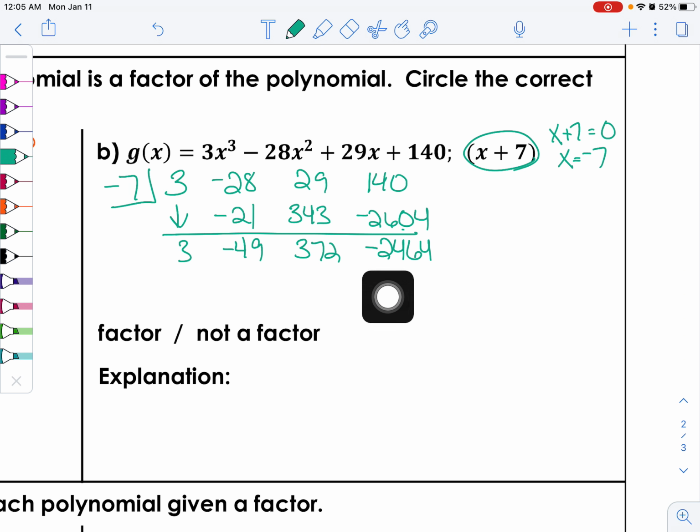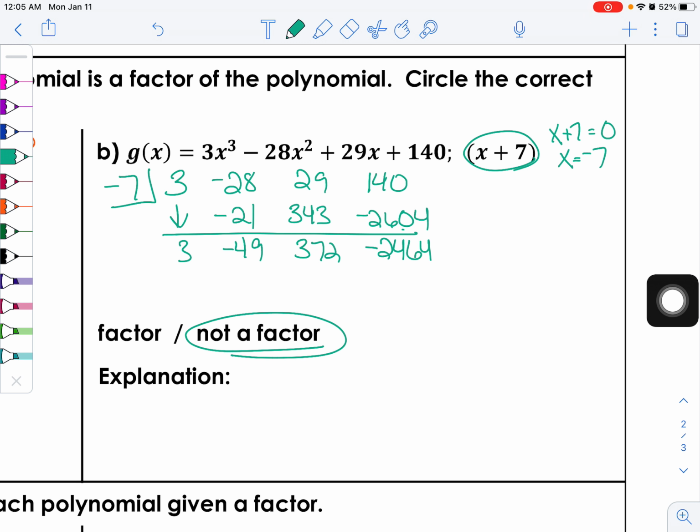All right. So our remainder is negative 2,464. Now, it doesn't matter what this number is. If this number is anything other than 0, what you divided by is not a factor. All right, so explanation, the remainder is not 0.